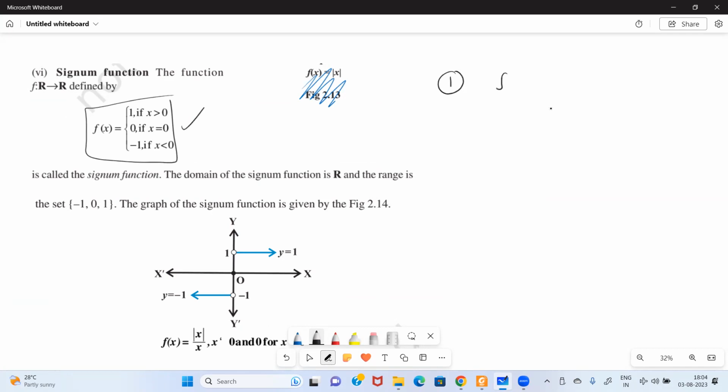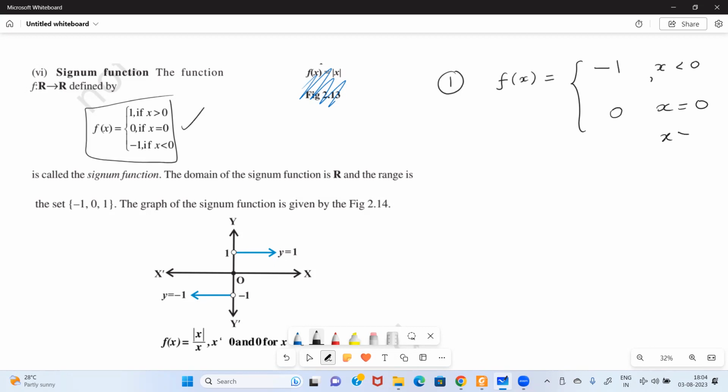So how is the function defined? Whenever x is less than 0, what is the function's value? -1. When x is equal to 0, what is the function's value? 0.